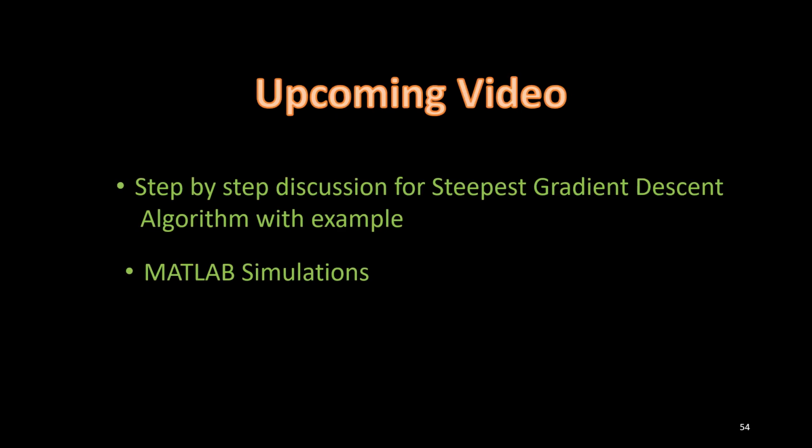In upcoming videos I'll consider one example and show you all the steps clearly, how to get every iteration, and I'll also consider one corresponding MATLAB simulation to show you how it approaches the optimal point.